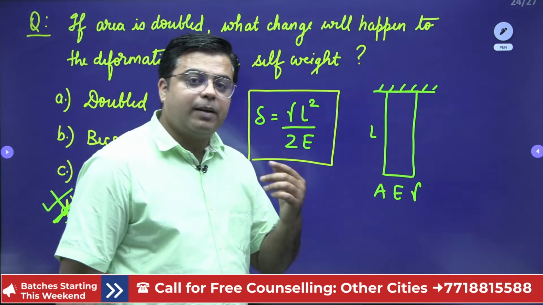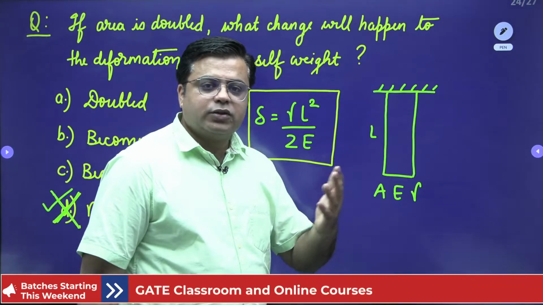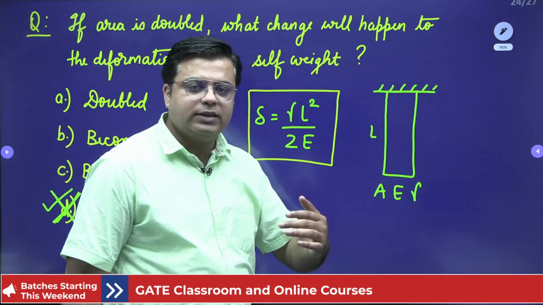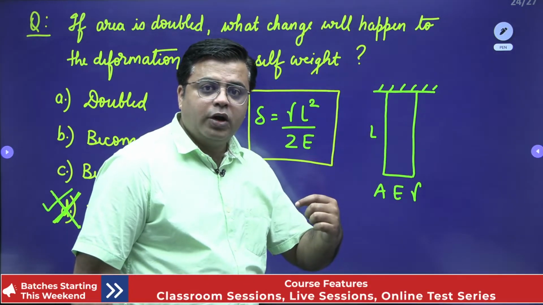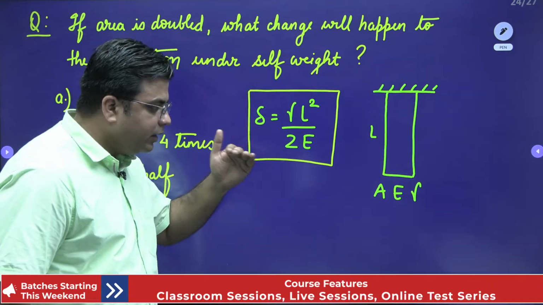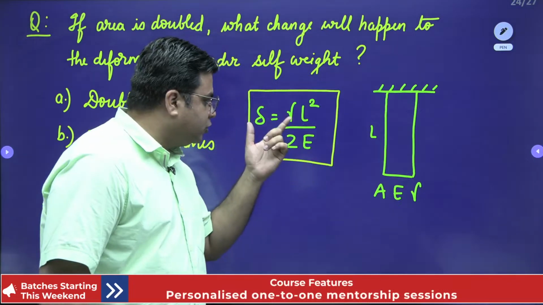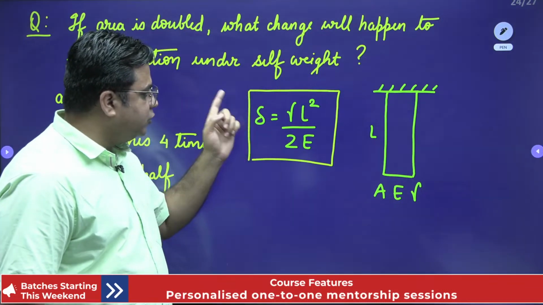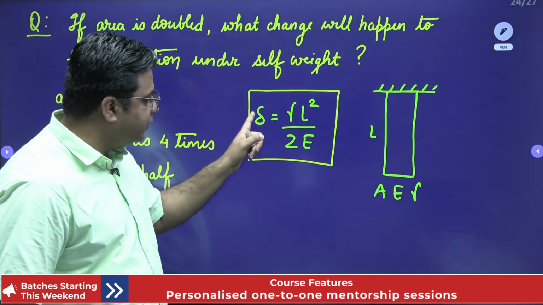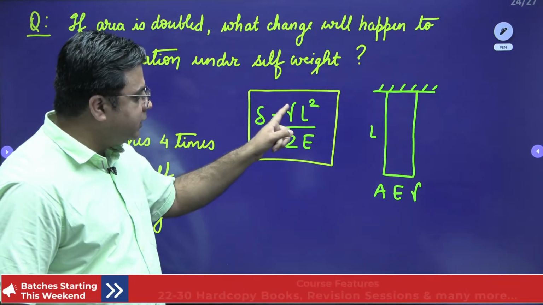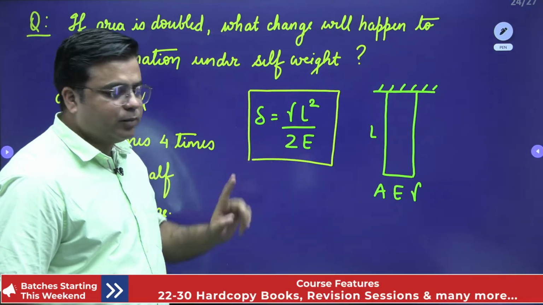What change will happen if the length is halved? If the length is halved, means the length is now L by 2, your deformation will be reduced by 4 times. So, this relation you should remember, along with the dependency of this deformation over the length, unit weight and the Young's modulus.